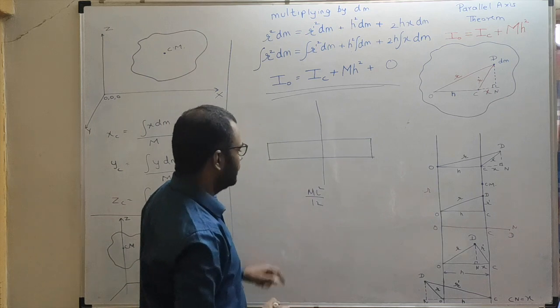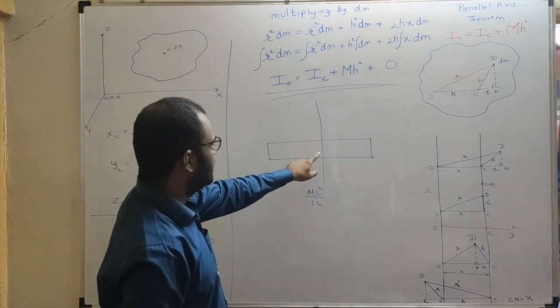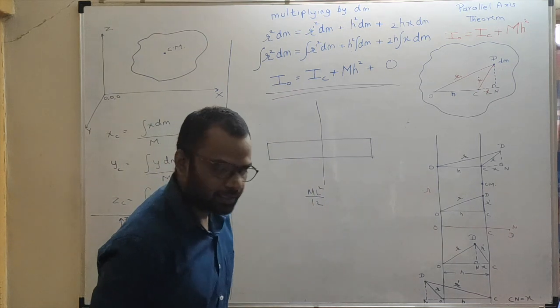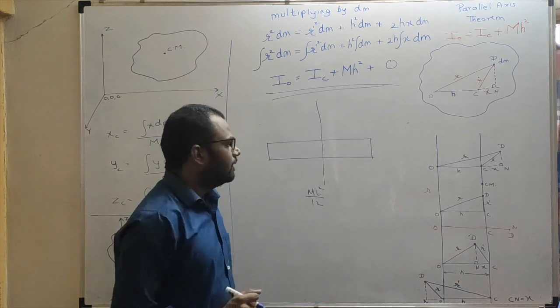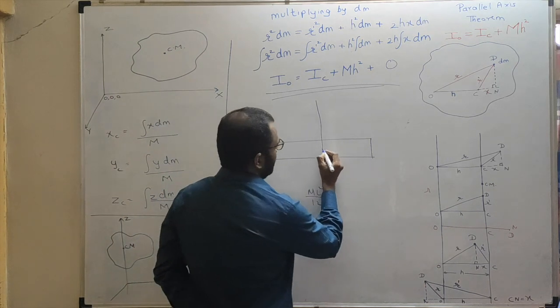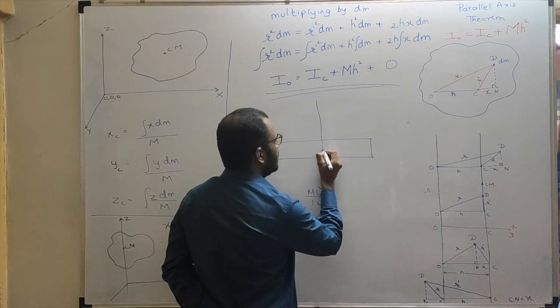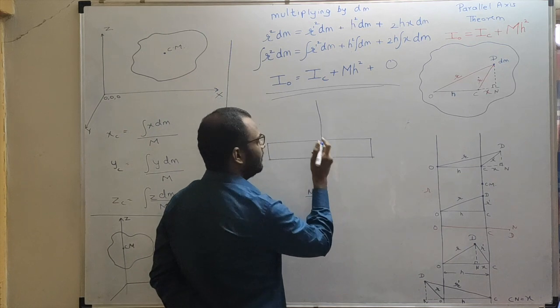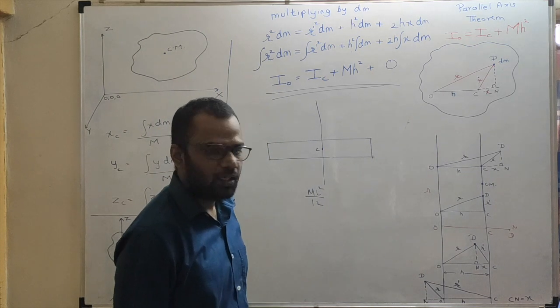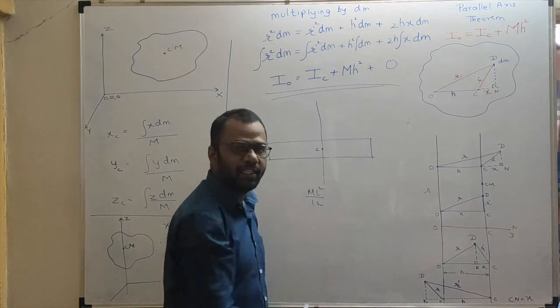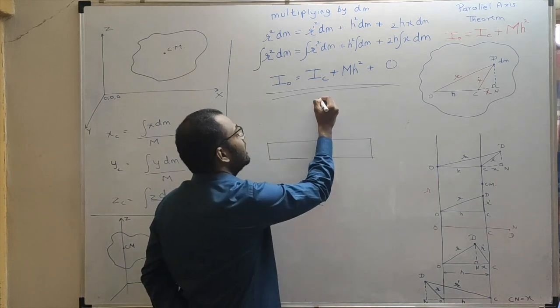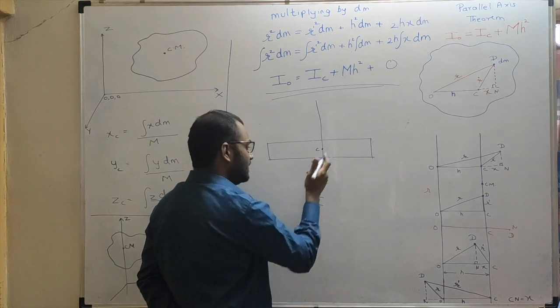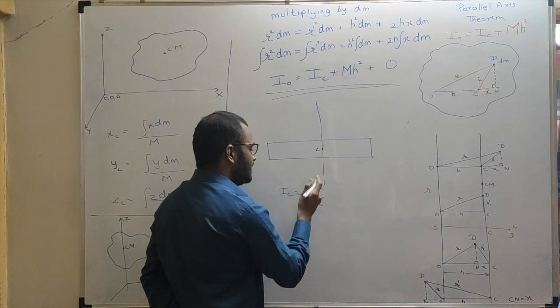Right? ml square by 12, about an axis passing through its center perpendicular to its length. Now, since this is a uniform rod, the center of mass of the rod will be at its geometrical center. So obviously this is an axis passing through its center of mass. So let us say the moment of inertia about this axis is IC, and IC is nothing but ml square by 12.